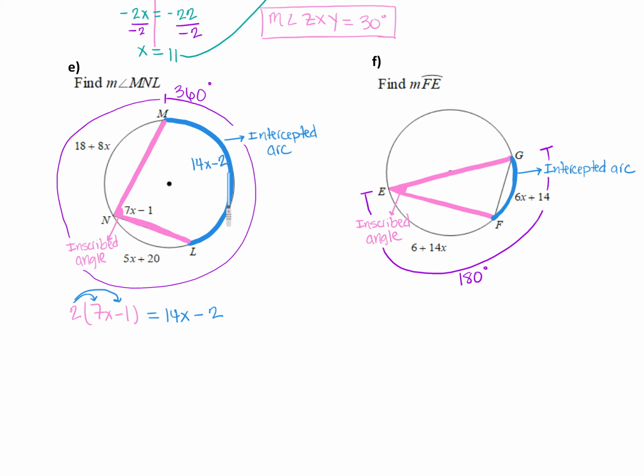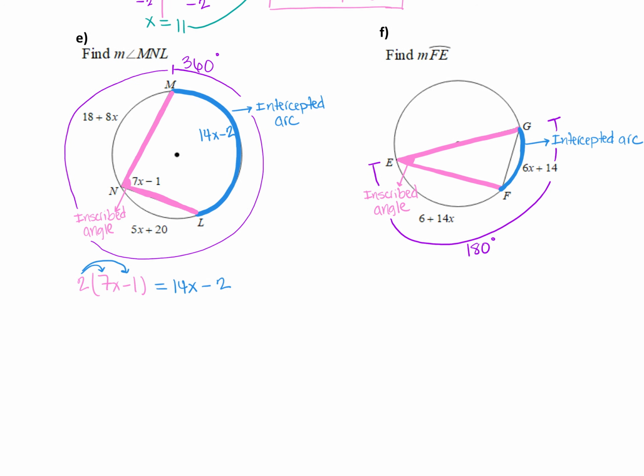Notice that our intercepted arc plus this 5x plus 20 plus this 18 plus 8x goes all the way around the circle, and so that's 360 degrees, which means if we add all three of these together, we can set it equal to 360 degrees.